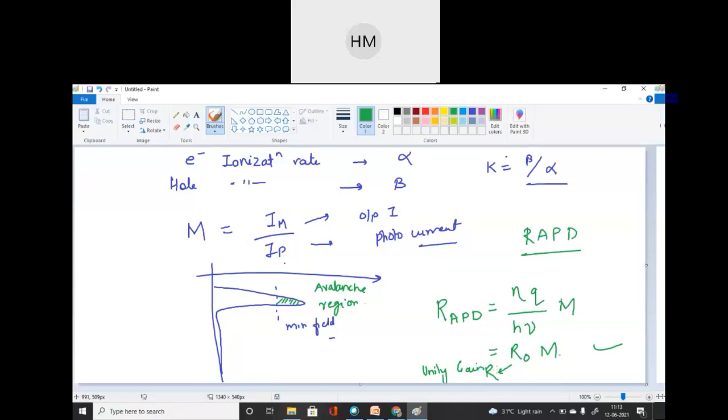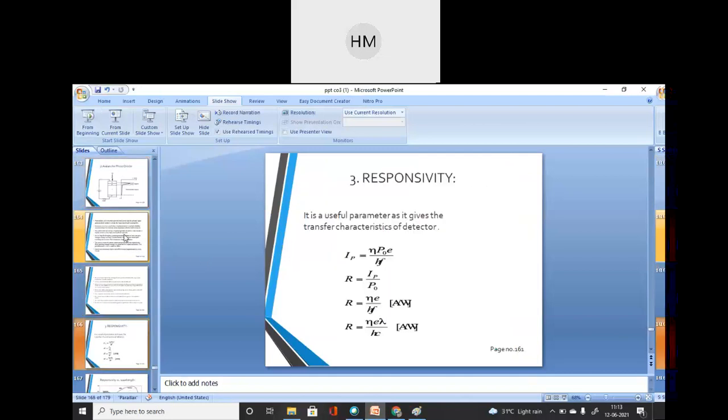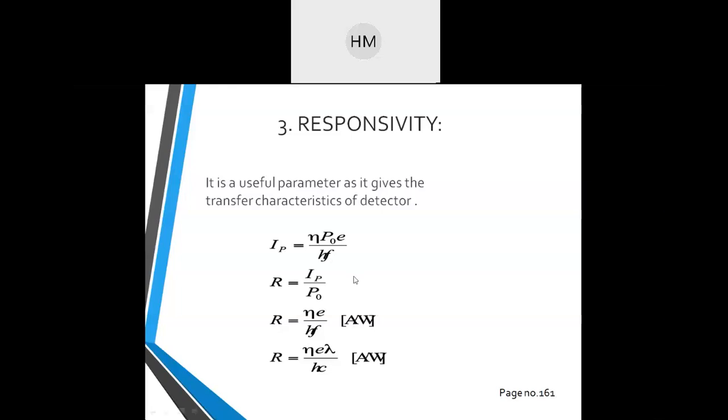Now we will discuss some important points, and we will finish up with this topic after that. So the next topic is your responsivity. You can write down: it is a useful parameter as it gives the transfer characteristics of the detector. It is the most important characteristic of the receiver.